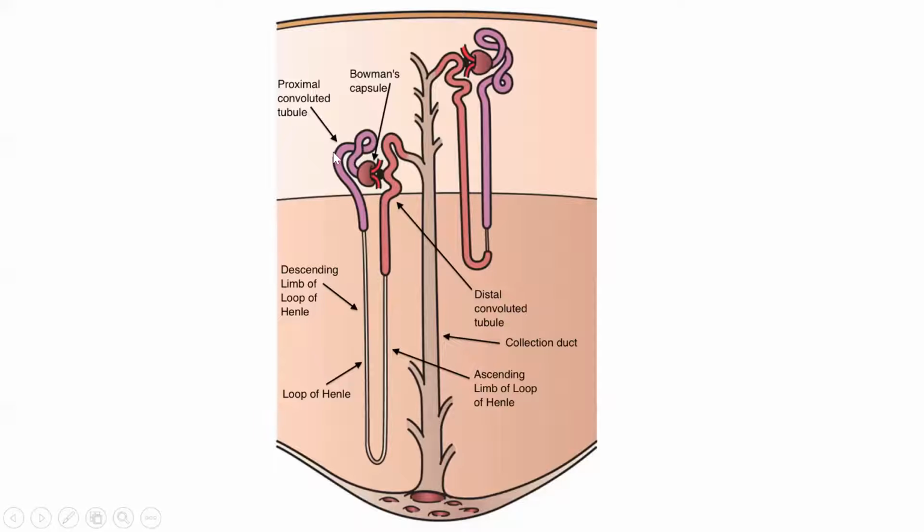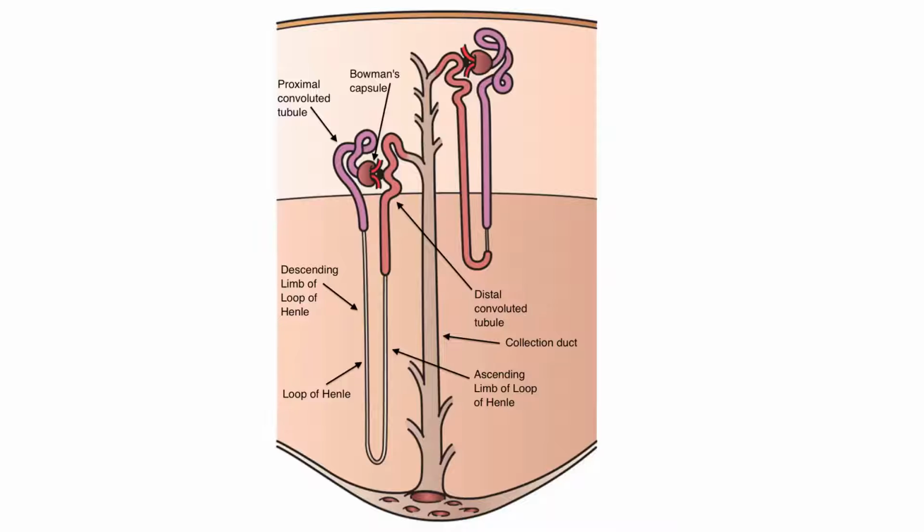You have the proximal convoluted tubule, descending limb, loop of Henle, ascending limb, distal convoluted tubule, and collecting duct. You see that this collecting duct receive urine from different nephrons. And in the textbook, it mentioned that up to 5 nephron can bring their urine into one collecting duct.